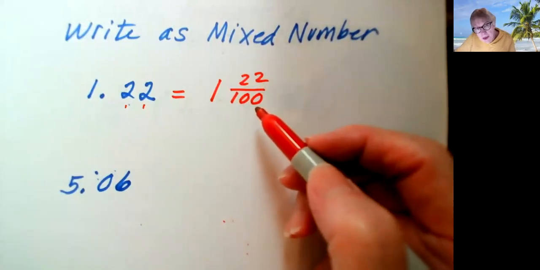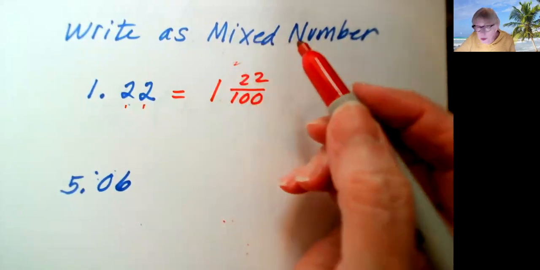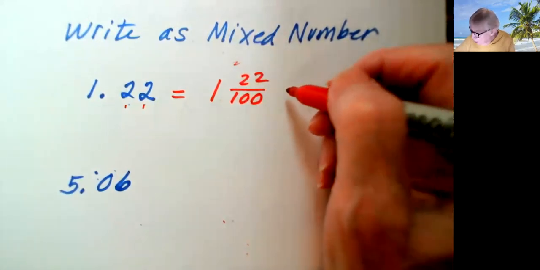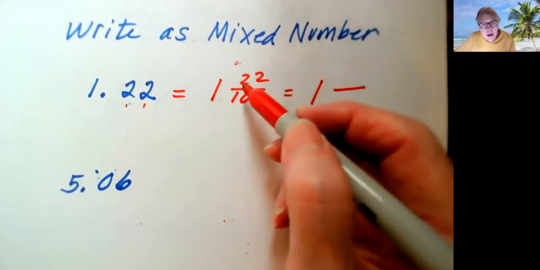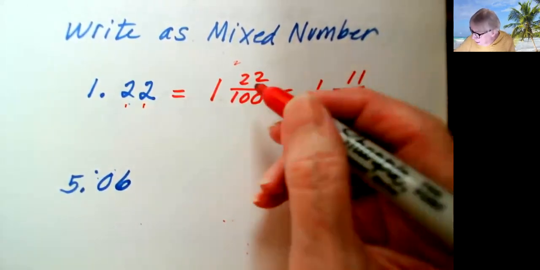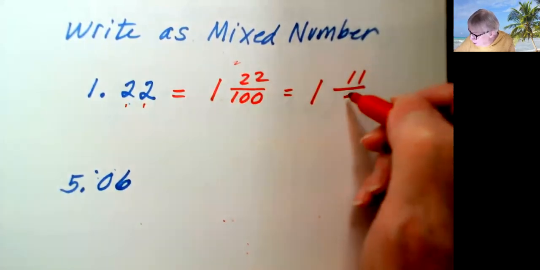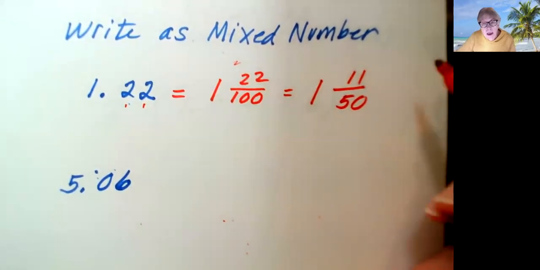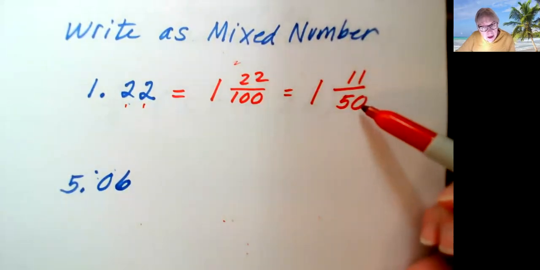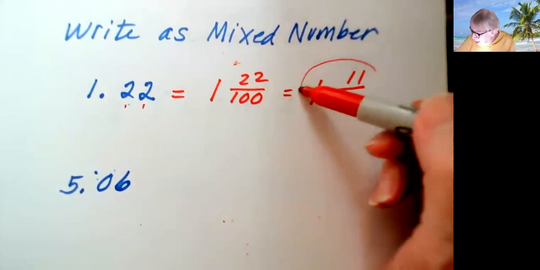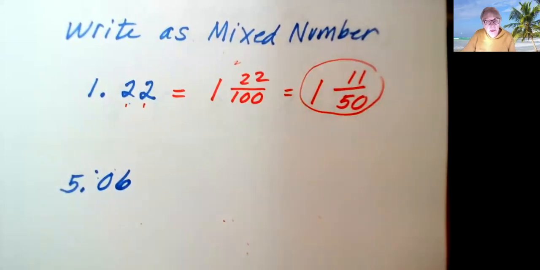The only thing I can think of is to reduce it by 2. So I'm going to copy the 1 just to get it done. But dividing this by 2, 2 into 22 is 11, and 2 into 100 is 50. 11 is prime. There are no 11s as factors of 50. This is the end of the road for that one. That's as simple as we can get it.